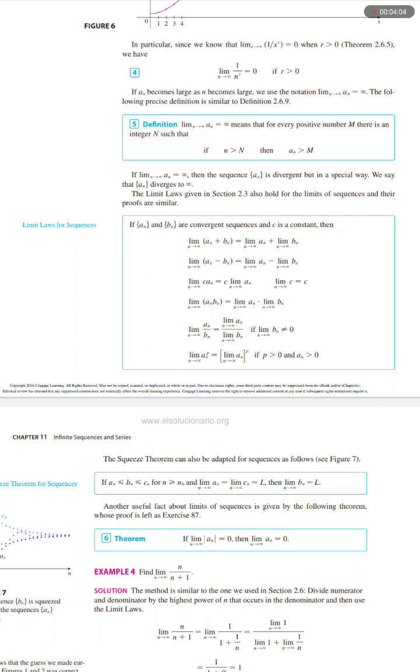And the limit as n approaches infinity of (a sub n minus b sub n) equals the limit of a sub n minus the limit of b sub n, both as n approaches infinity.